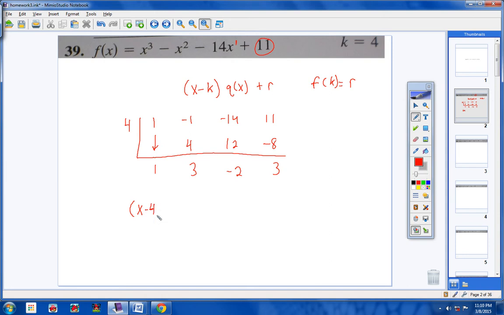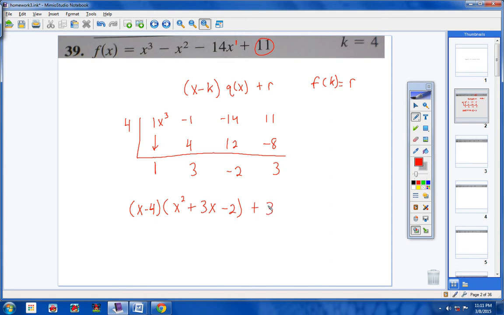Now watch, I changed the sign of the 4, times this right here. Well, this 1 right here was 1x what? Cubed. So this 1 here is 1 less. It's 1x squared, plus 3x minus 2.